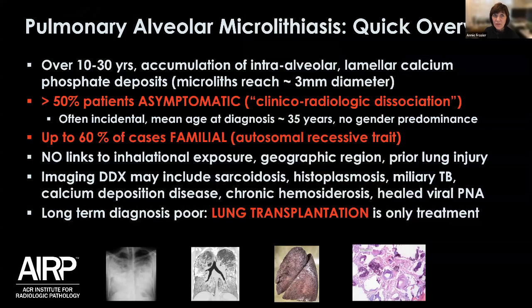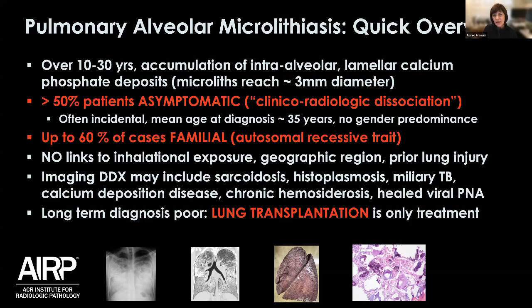It's called pulmonary alveolar microlithiasis, and everybody needs a quick overview of a rare disease. This is something that accumulates over decades in a patient. It's an accumulation of intra-alveolar material, not in the walls of the alveoli.